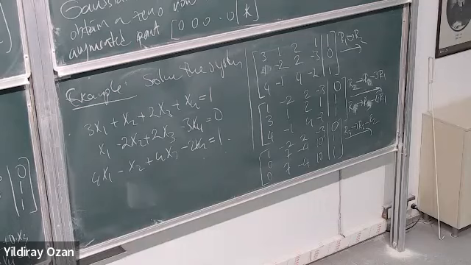Minus 3 plus 10 over 7. Okay, minus 1. I multiply this by 2 and then add to this one. But you see, these are confused, right?